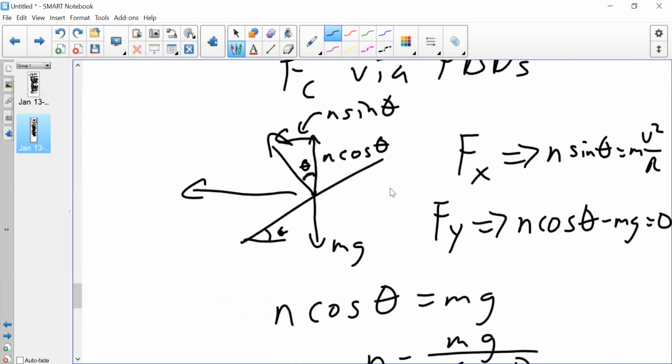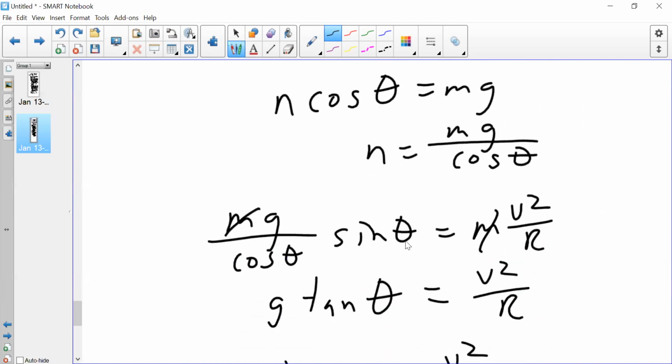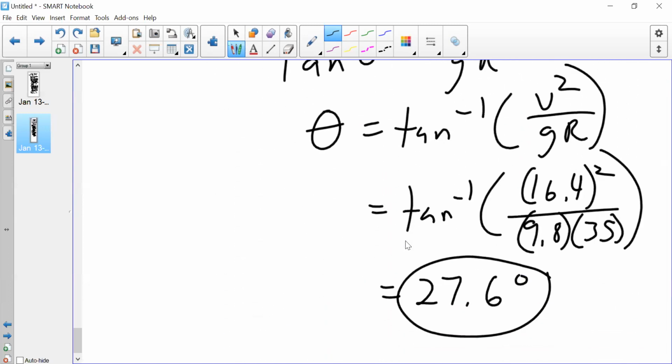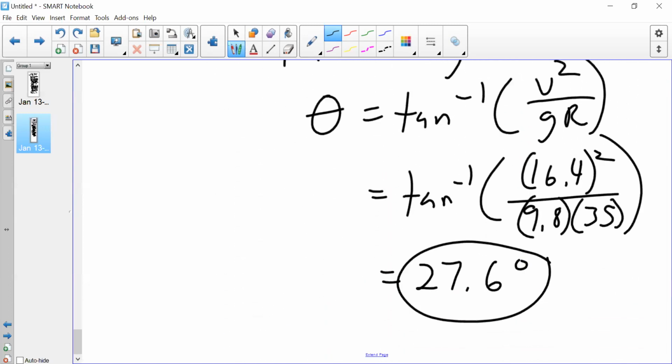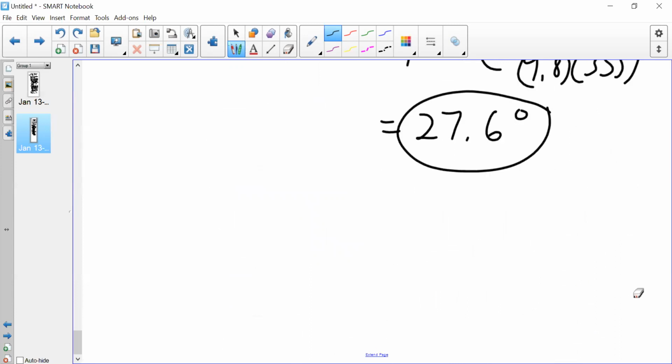Okay. Yeah, we're trying to find the angle. Always free body diagrams, because you want to see what force makes up that net centripetal force. And the rest is pretty standard. So I'll set this up and see how far this goes.